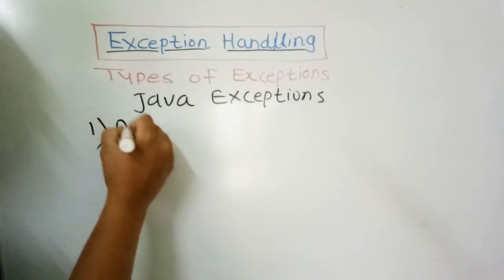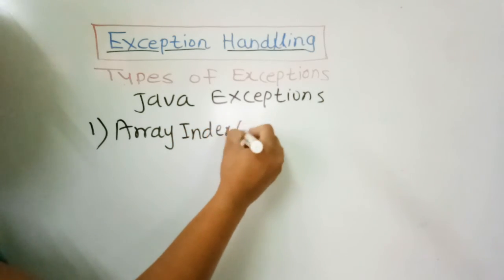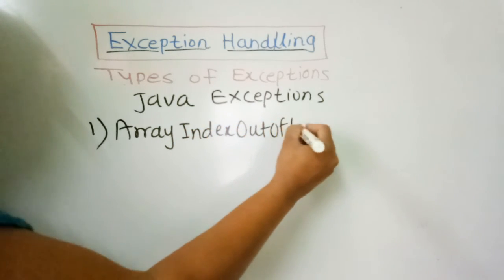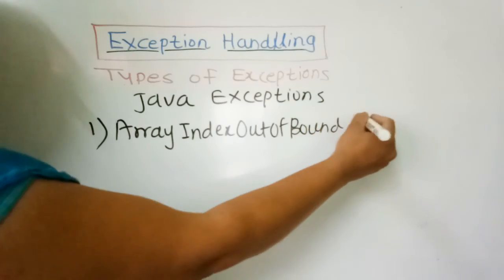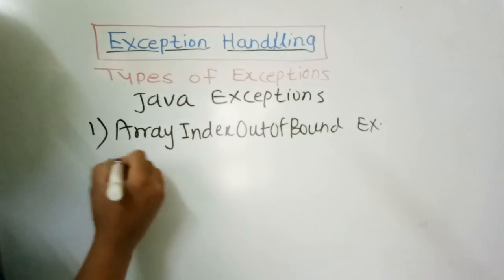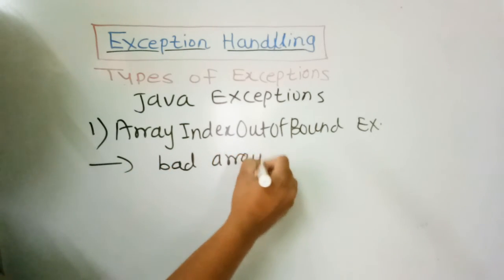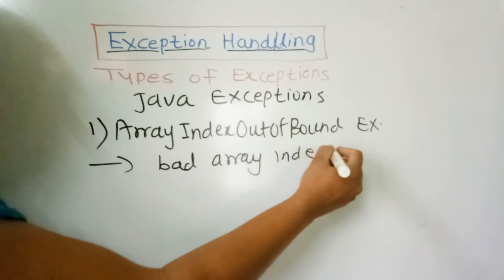Next is the array index out of bounds exception. It occurs because of bad array indexes.